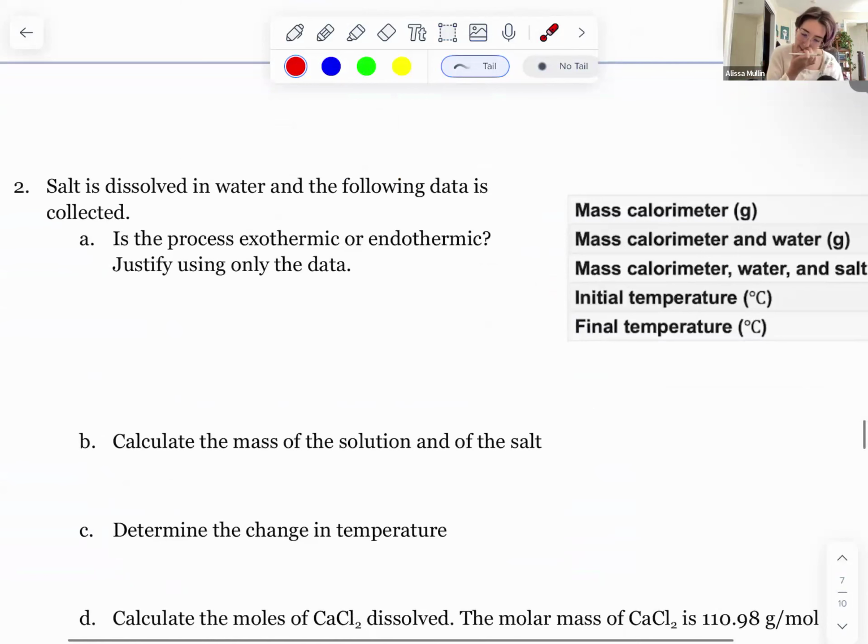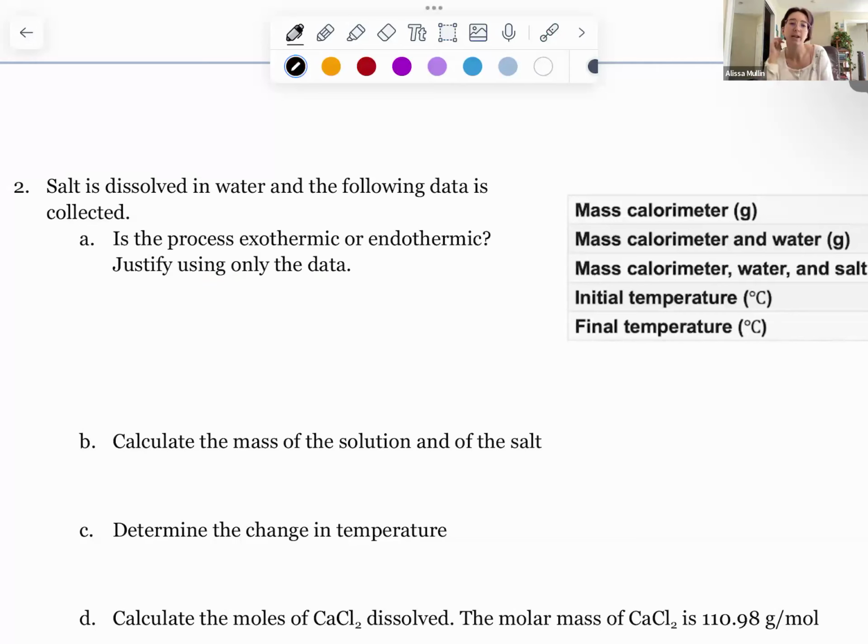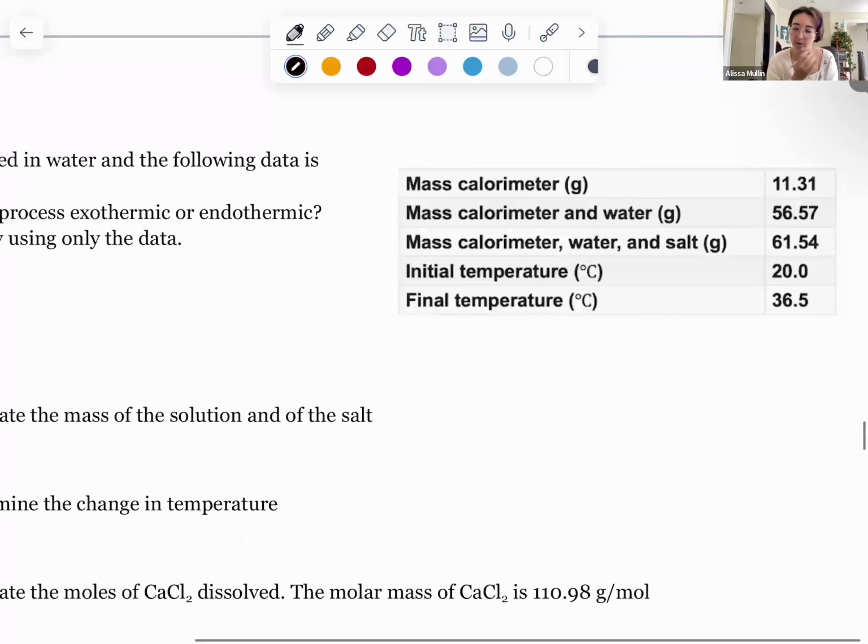All right. Our next thing is talking about dissolving a salt in a calorimeter. So first of all, based on the data, is our process endothermic or exothermic? Let's look over here. You might notice that my temperature has changed from this to this, indicating that it has gotten warmer.